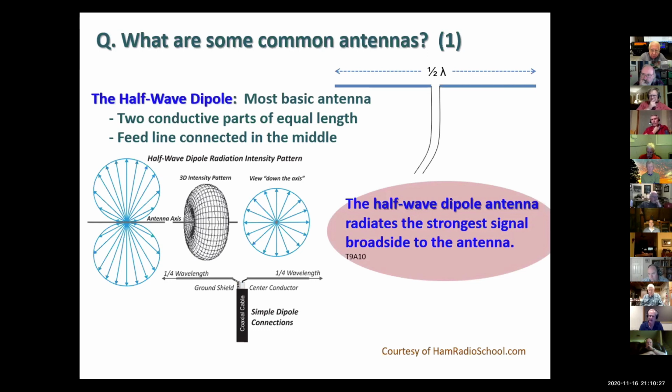Is that what they call a doublet, Bob? Yeah, it's basically a ladder line fed dipole. To me, it's still a dipole, just with a different transmission line, but they call it a doublet. As this one's drawn right here, it kind of fits that, right? It's sort of two wires coming down.